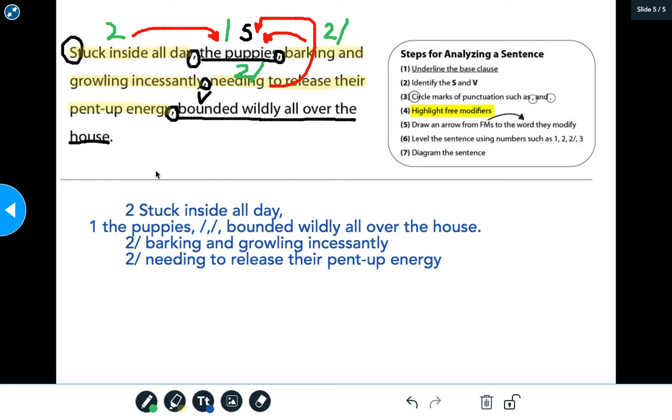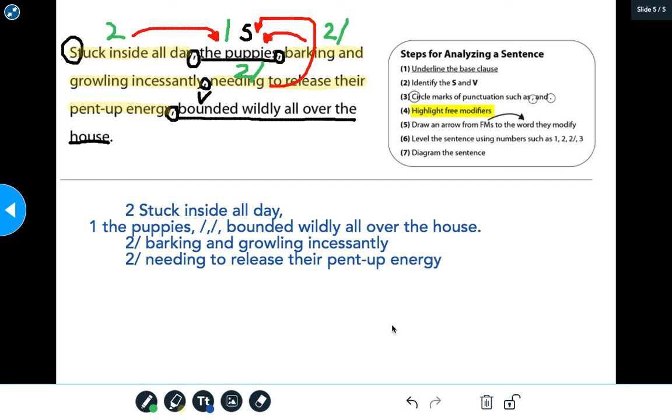So we've got capital letter, 1, 2, 3, 4 commas and a period. When you read this, it's going to read like this. Watch. There's some up and there's some down as well. So we've got stuck inside all day, the puppies, barking and growling incessantly, needing to release their pent-up energy, bounded wildly all over the house.